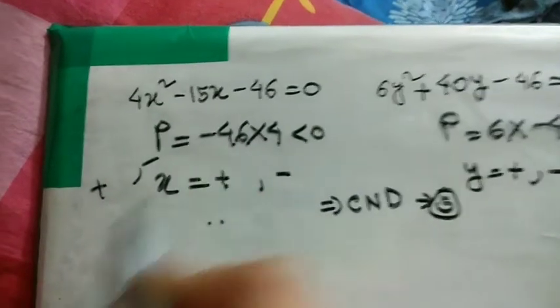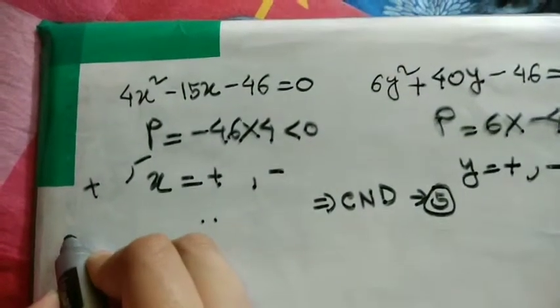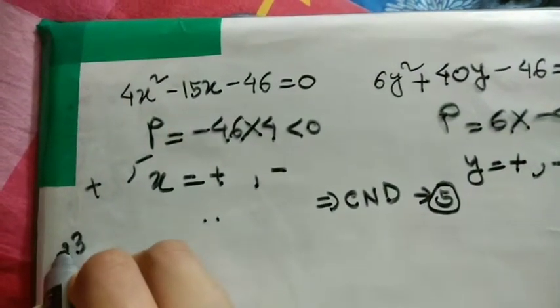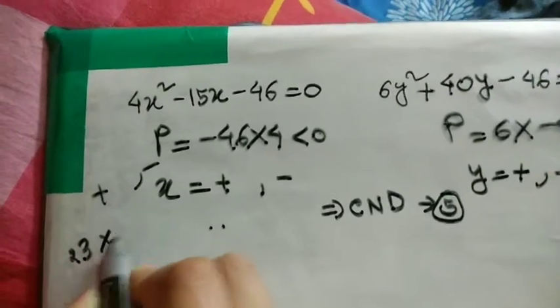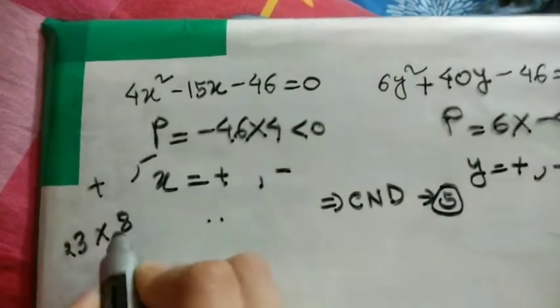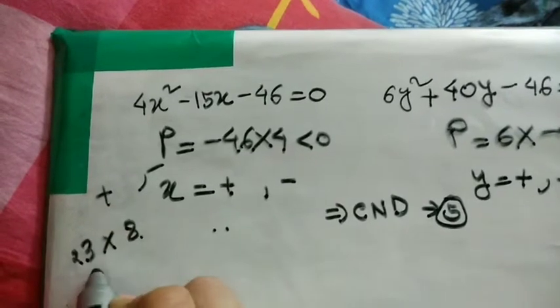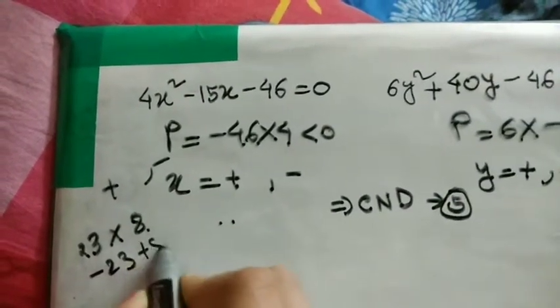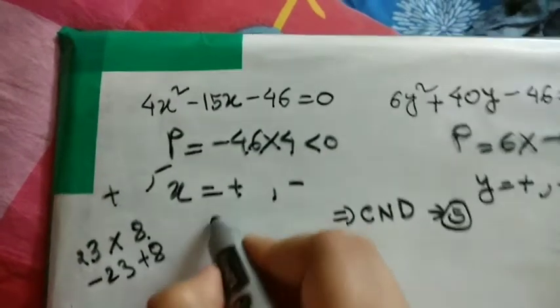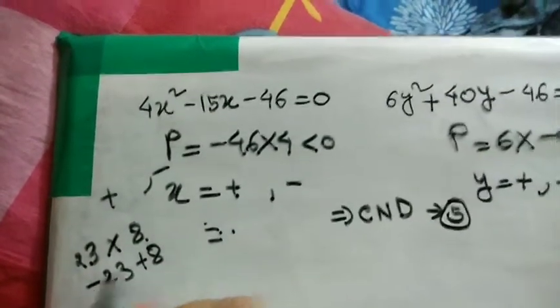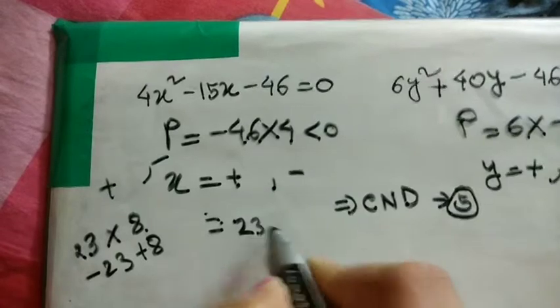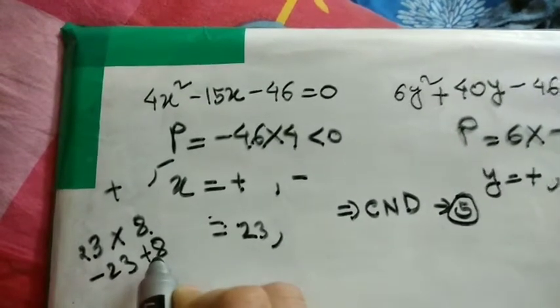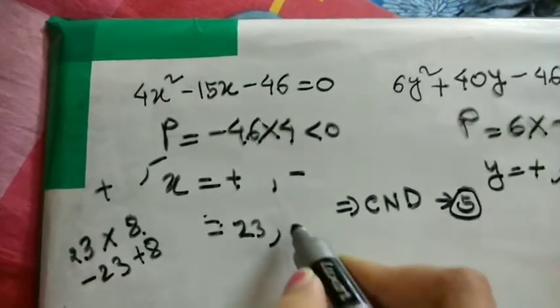Now what can be done? 23 into 2 is 46. So 2 into 4 means 8. Okay, now minus 23 plus 8 gives you -15. So the solution will come, minus 23 becomes plus 23 and 8 becomes -8.